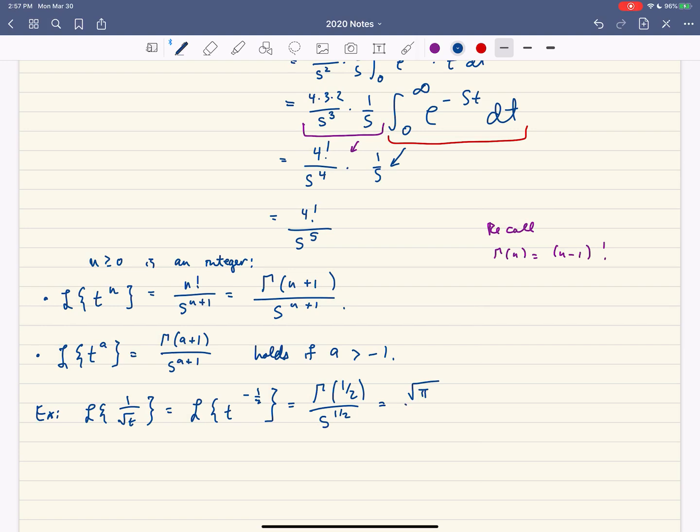So this is square root of pi over square root of s, or if you like better, you could write this as square root of pi over s. This is only valid if s is positive. So we need a to be greater than -1, and we need s to be positive just in general. So that's how we'll find the transform of powers.